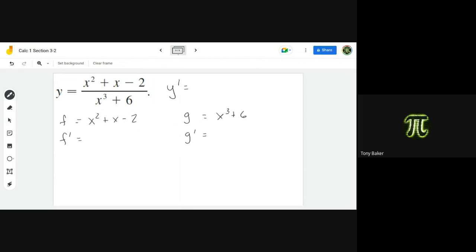So your f is going to be your numerator, your g is going to be your denominator. Just like when we were looking at the product, the f was the first one, the g was the second one.